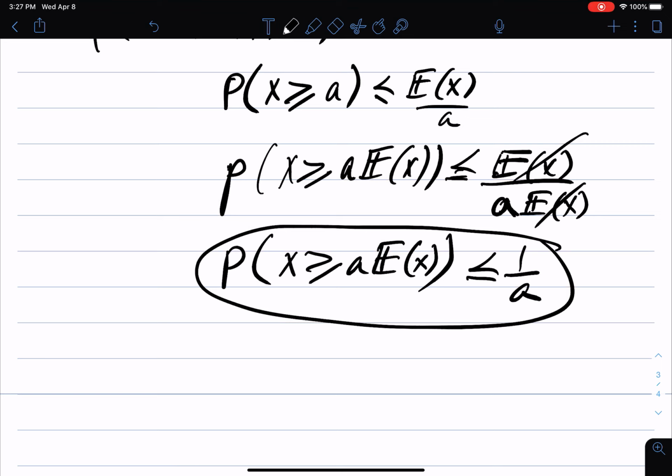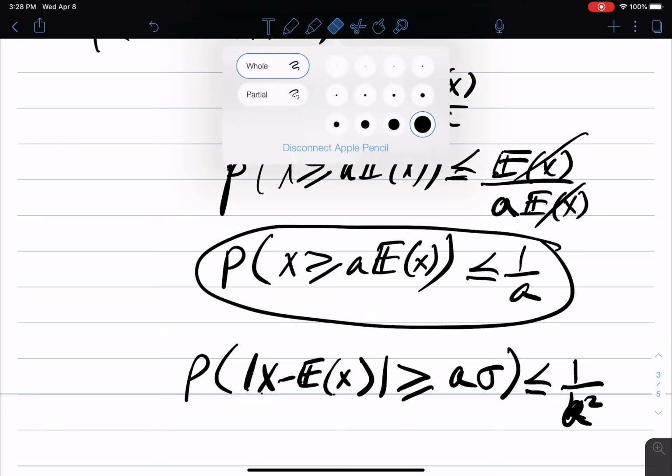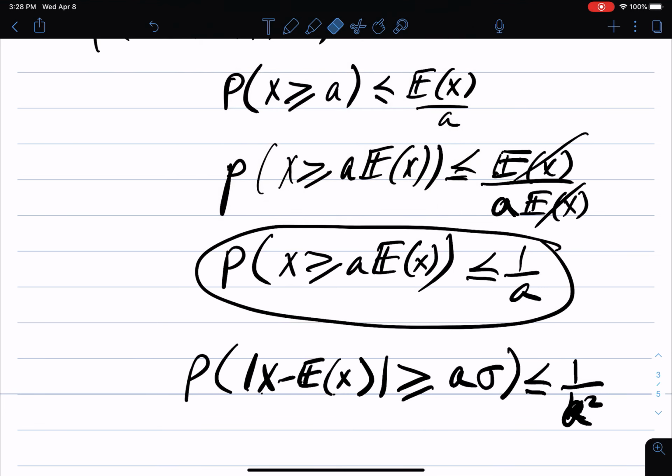Now Chebyshev's inequality tells us that the probability that x is farther from the mean by A, and let me actually now put a standard deviation here, I will get less than 1 over k squared, or A squared, sorry. So I wrote it in two different ways now.